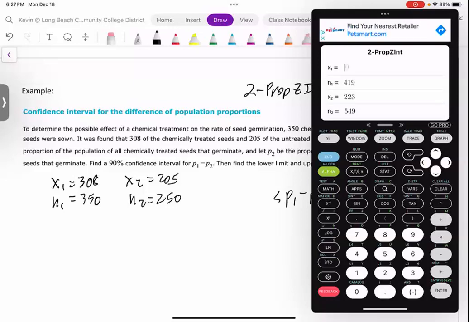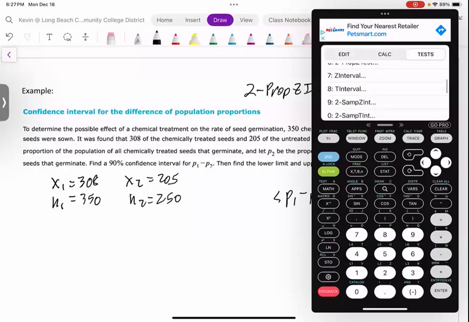Not sure what happened there. Okay, so let's do this. x sub 1 is 308, 350, 205, 250. Our confidence level is at 90%, so we're good there. And calculate. And there we are. Let me double check my numbers.